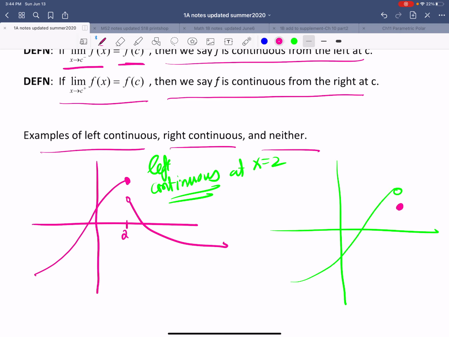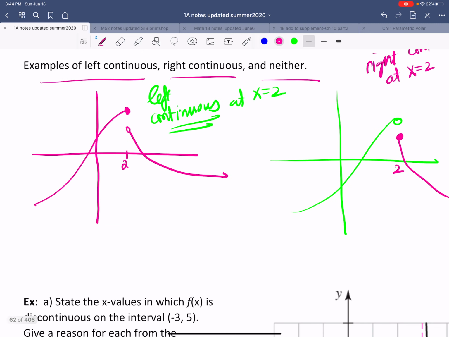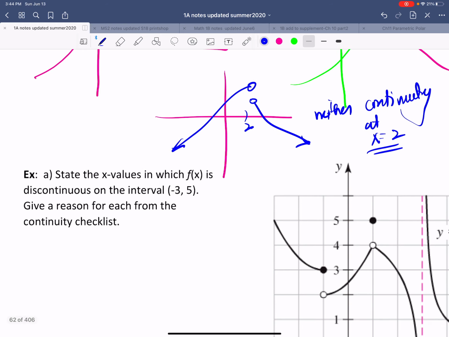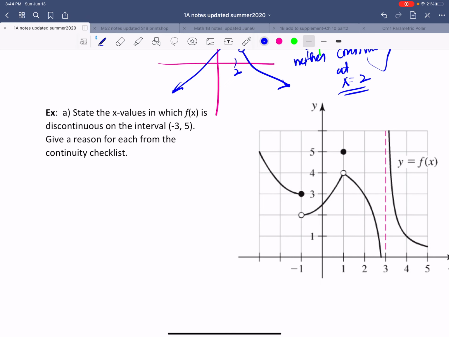When coming to 2 from the right side, this would be right continuous at x equals 2. And then we have neither. We can have a function which is not left continuous and not right continuous. Again, we can come up with any example. That would be neither continuity at x equals 2.